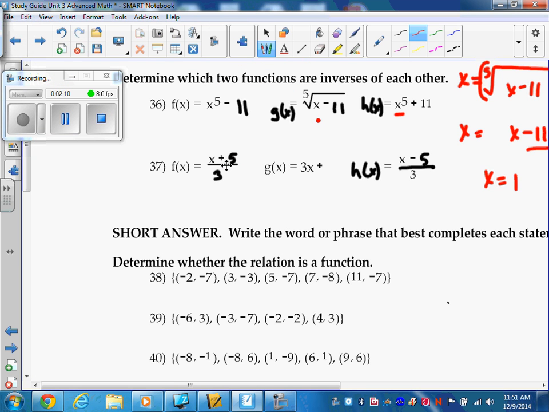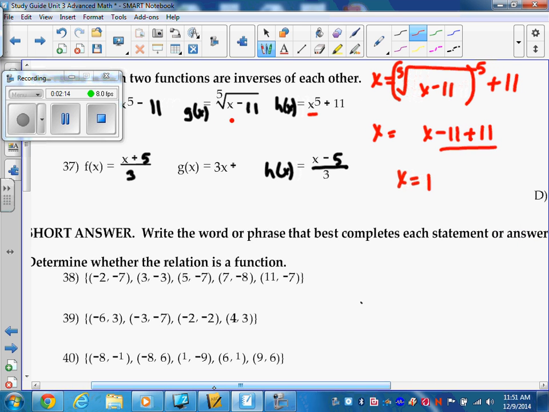If I think about solving this one for x, there seems to be a 5 missing here, so let me plug that in. What I want to do is take a look at g. G has multiplication. F and h both have division. G has addition, so the opposite is going to be subtraction.